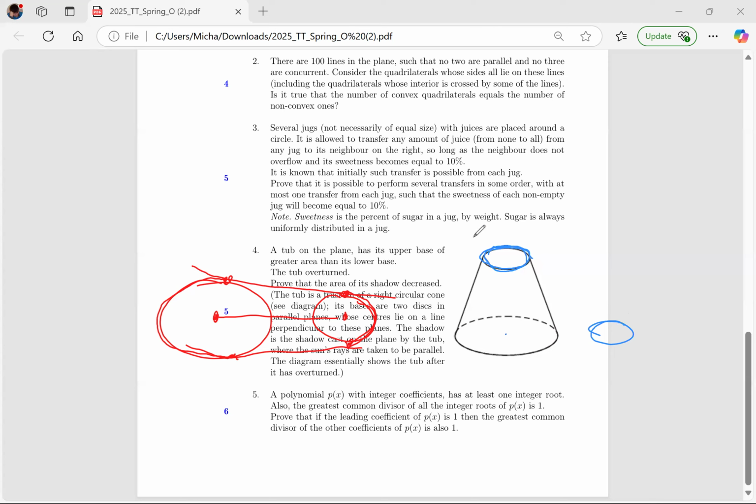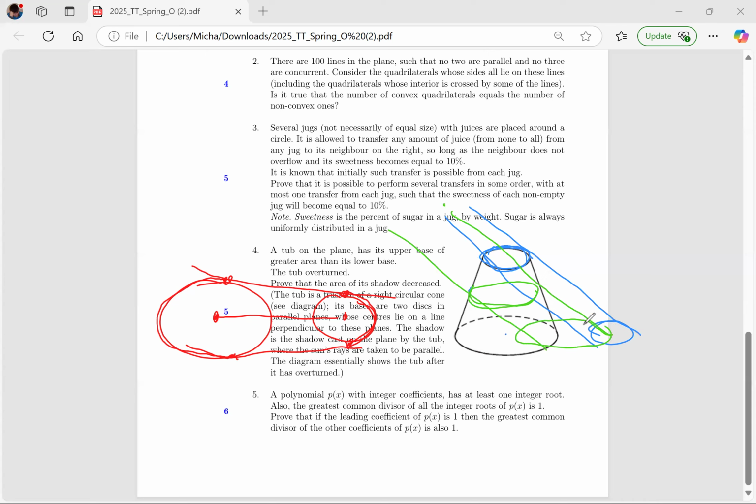But there's also the other parts of the shape. So there's this circle here, and that makes a shadow like that.